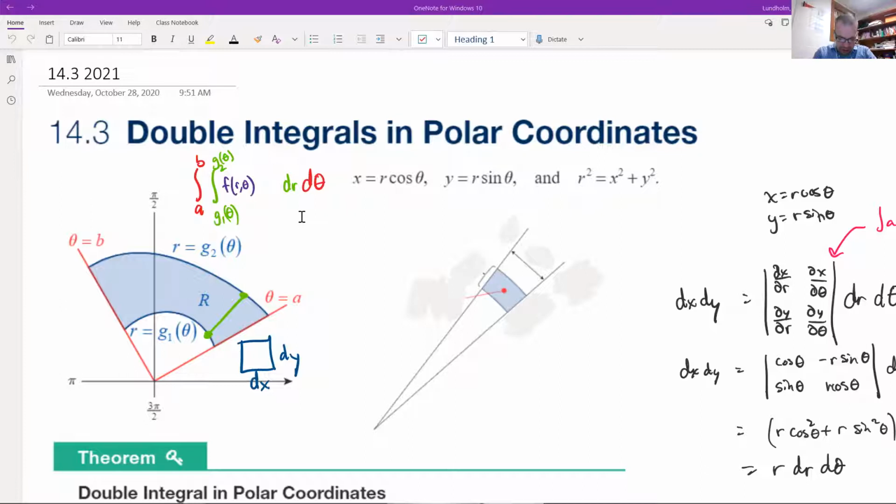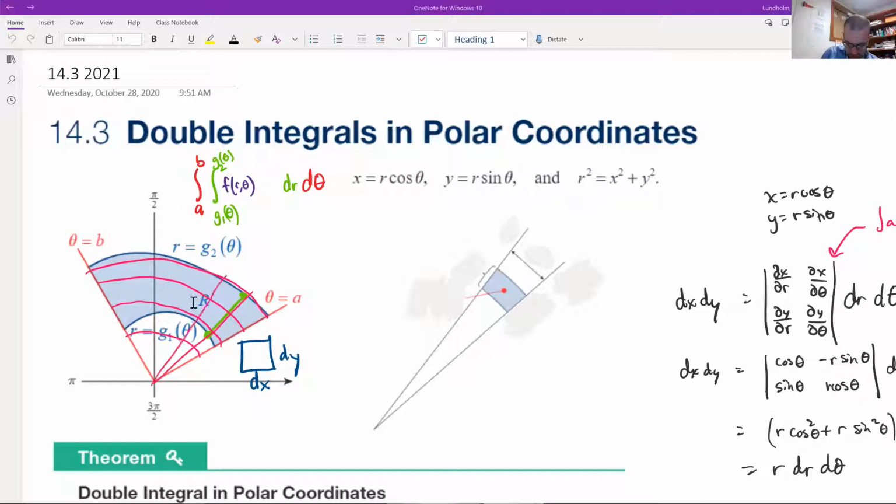If we were going to make grid lines, we'd have lines at a constant radius. Those should be circumferences of circles, concentric circles. And then the other grid lines would look this way.